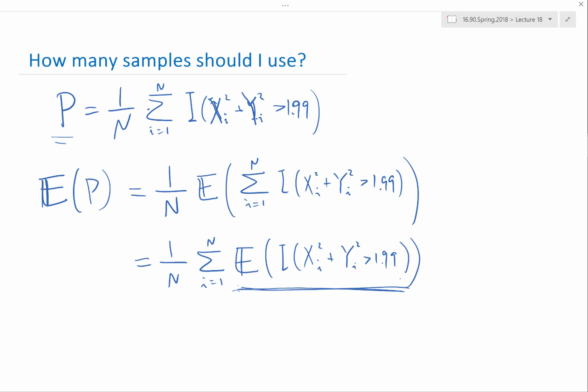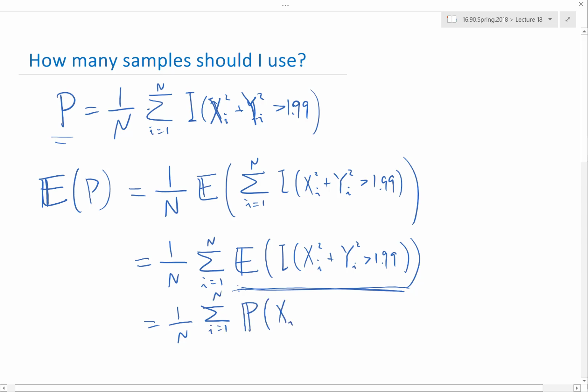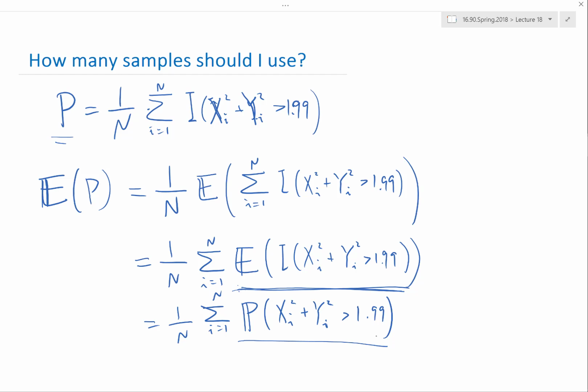Yes, the expectation of an indicator random variable of whether an event happens or not is simply the probability that this event has happened, right? So that can be simplified to the summation of the probability that xi squared plus yi squared is greater than 1.99. All right, and that probability, because each xi for different i's are identically distributed, they are all uniform 0, 1, right?